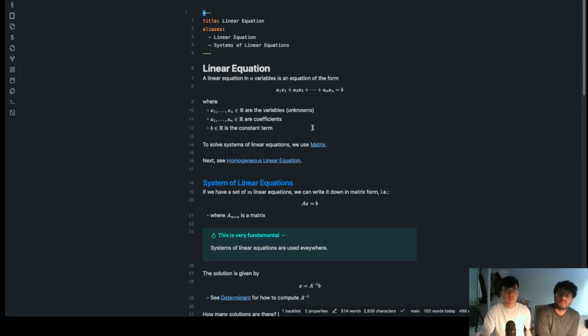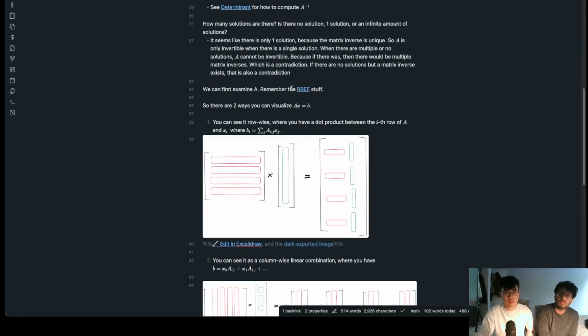So basically, you can visualize a matrix multiplied by a vector as a dot product between the first row and the column, and then the second row with the column. That's 5 by 4 times 4 by 1 equals 5 by 1.